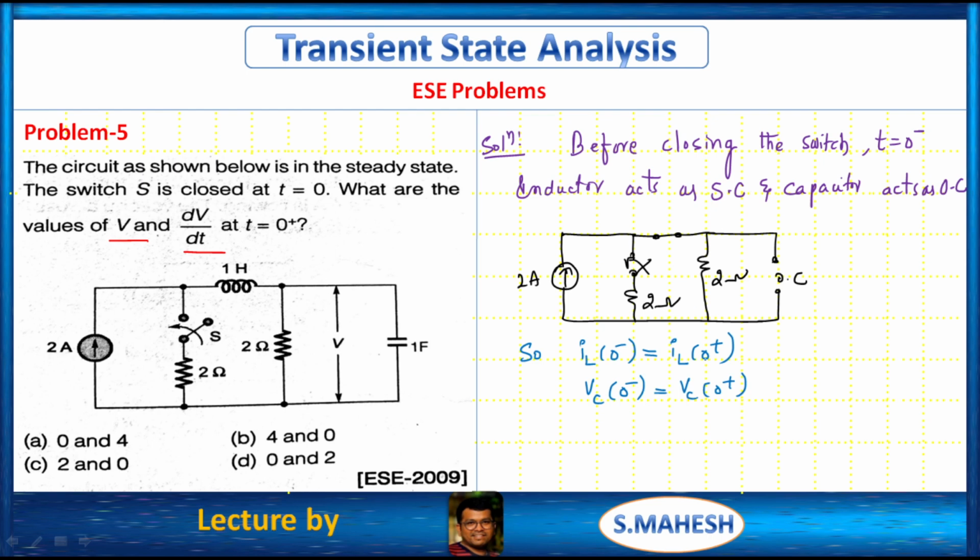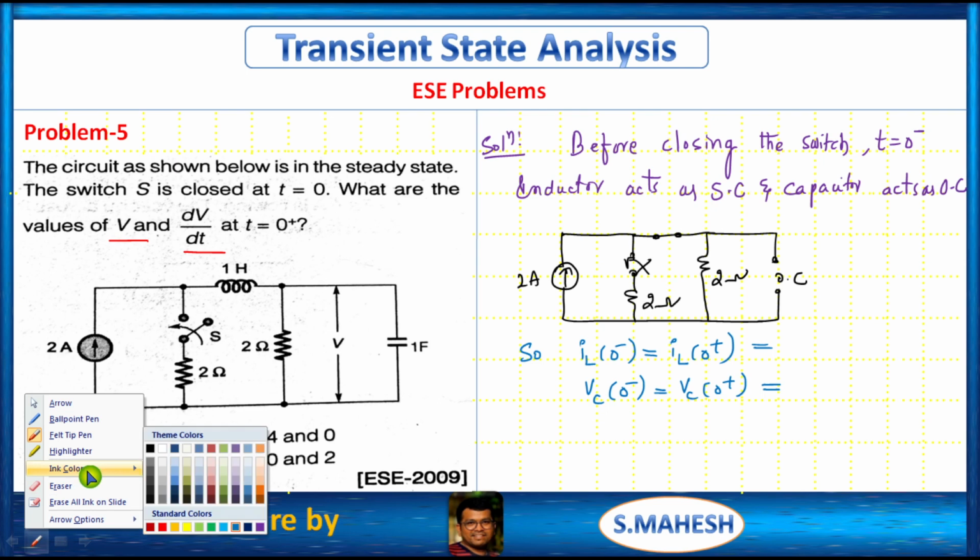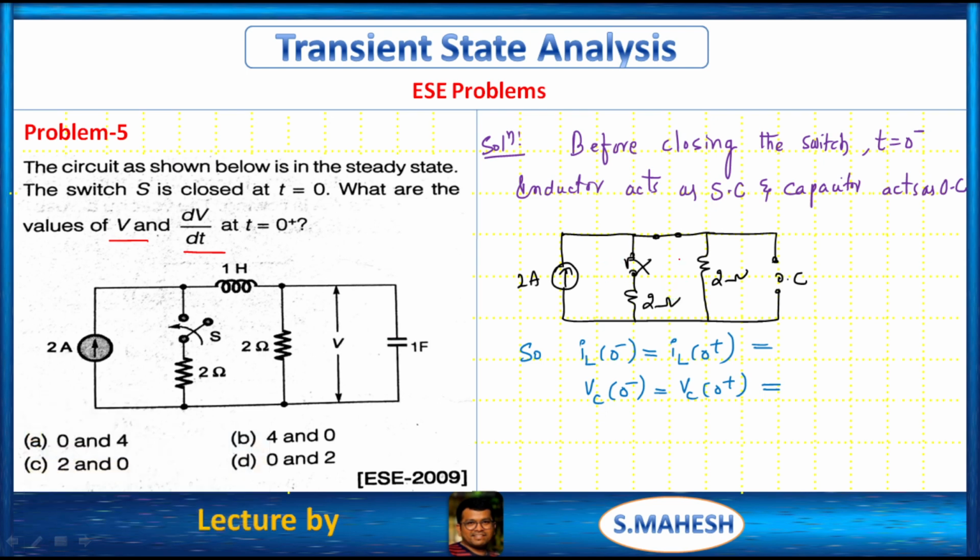So, VC 0 minus is what? The current through this branch is 2 amps of current.